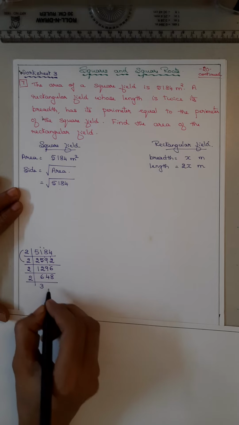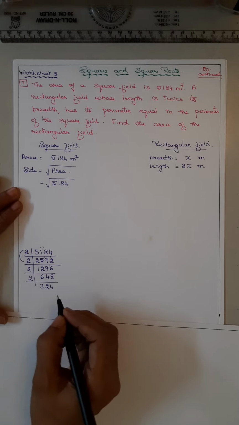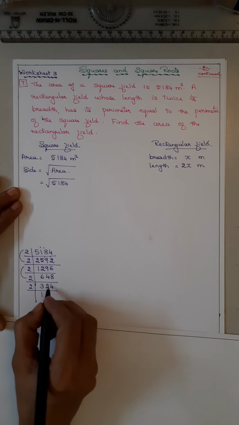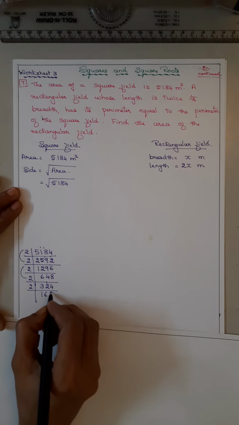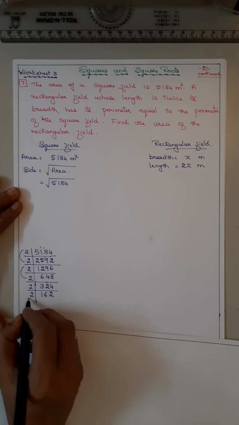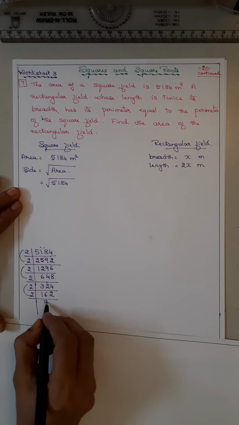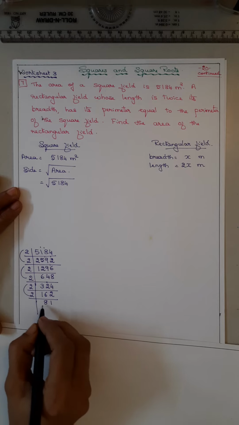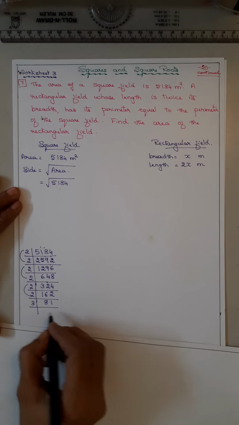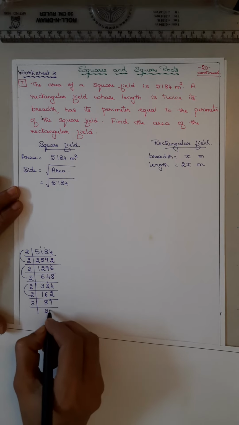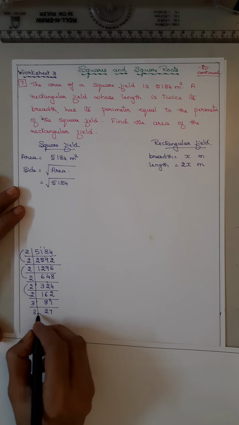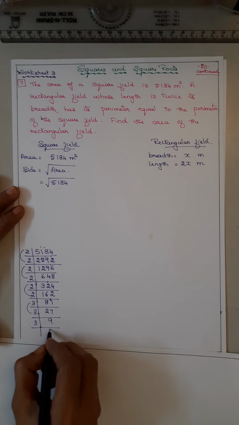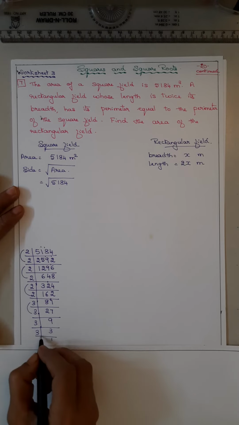Again 2, 2 1s are 2, 6 are 12, 2 2s are 4. Again 2, 8s are 16, 1s are 2. Now it is 3. 8 plus 1, 9. 3, 2s are 6, 2 remains, 7s are 3, 9s are 3, 3s are 3, 1s are 1.